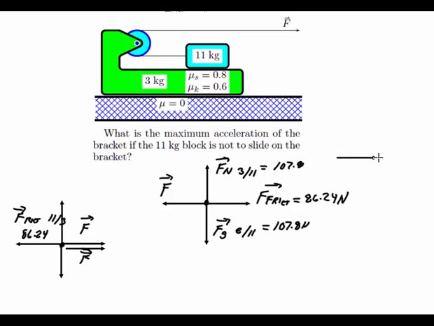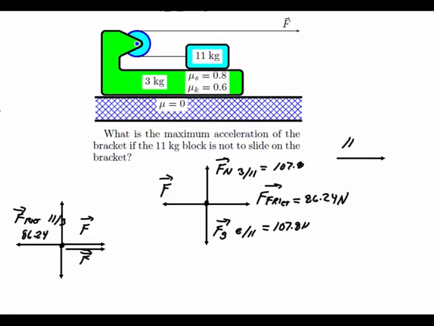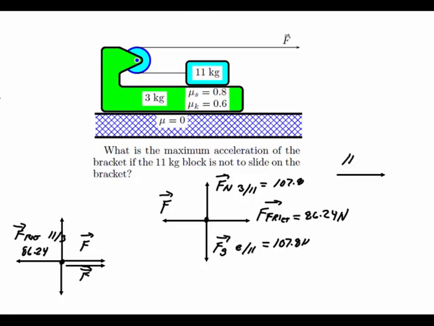Now we're going to go over here. I'm going to set up my mass times acceleration here. This would be 11. We know our acceleration, right? No, we don't know acceleration. We want maximum acceleration. So we have 11a here.